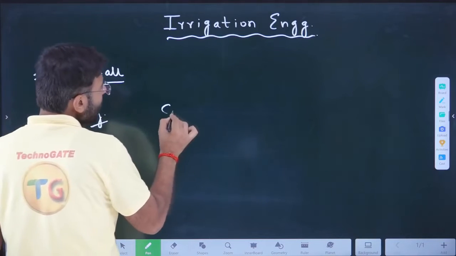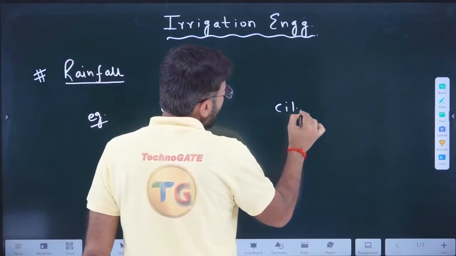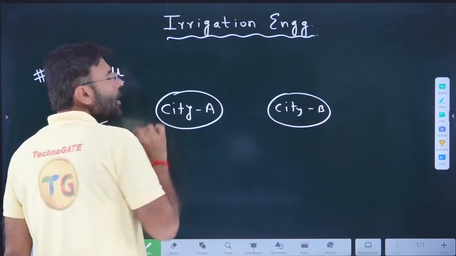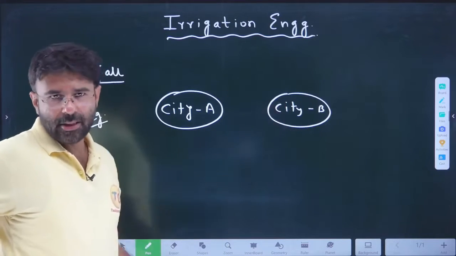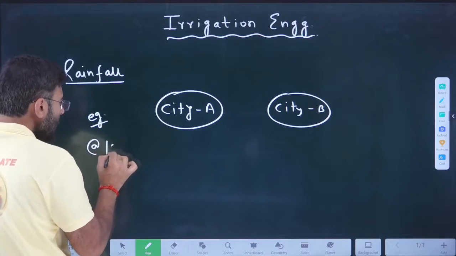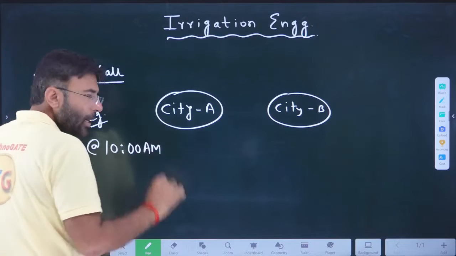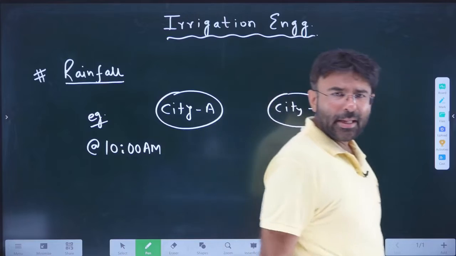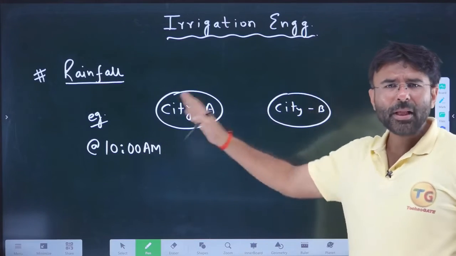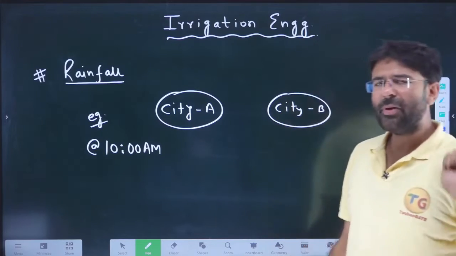Suppose there are two cities, city A and city B, two different locations. Now I am saying at 10 a.m. in the morning, can I be 100% sure that both the cities are not receiving rainfall, or that both the cities are receiving rainfall at 10 a.m.?